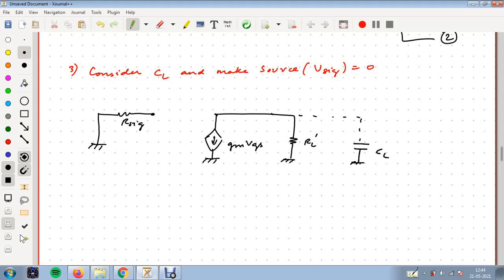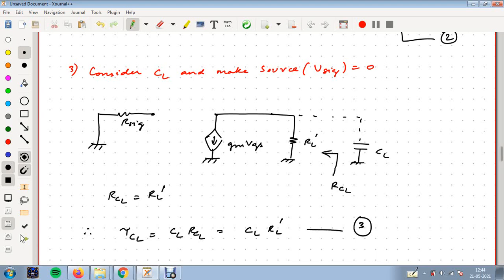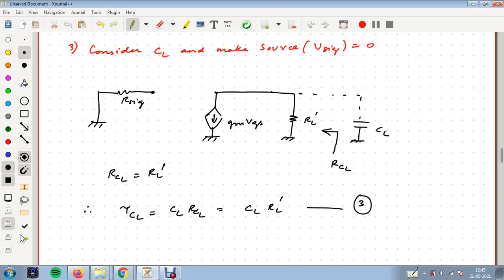We find out the total impedance seen across CL, which I will call RCL. When you look in this direction, RCL is only one resistance, that is RL prime. Therefore, tau CL is equal to CL into RCL, which is CL into RL prime. So this is the third equation. Clear till here?